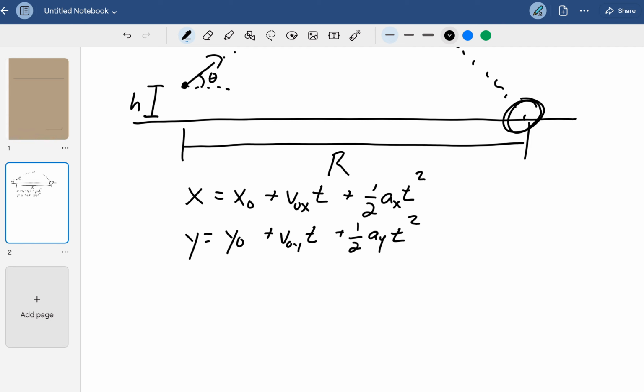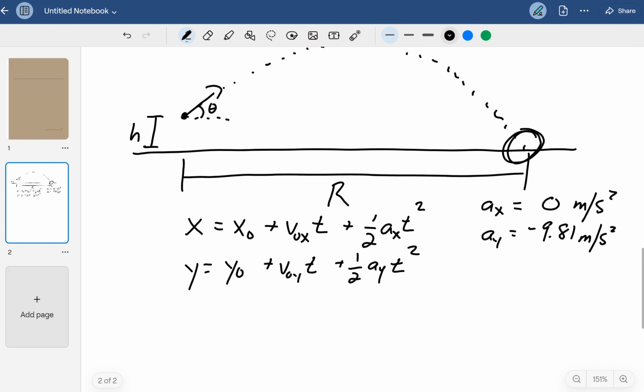And now we know a couple of things. We know, for instance, that the acceleration in the x direction is 0. We have no acceleration there. And we know that the acceleration in the y direction, choosing up to be positive, is going to be negative 9.81 meters per second squared. In this type of setup, we also generally know the initial velocity as well as the angle.